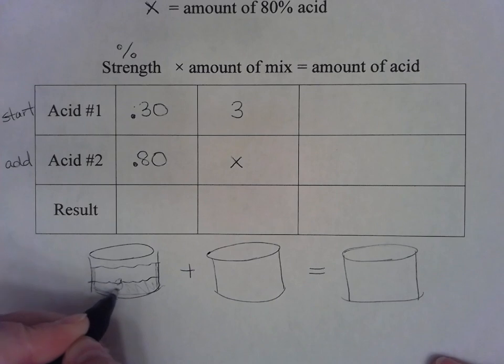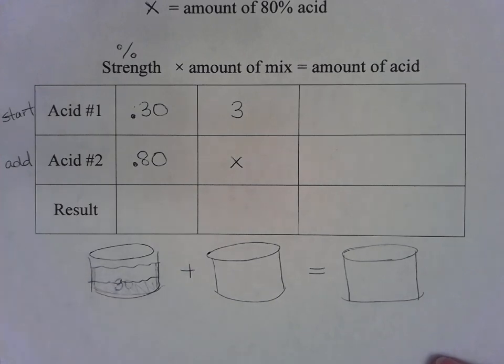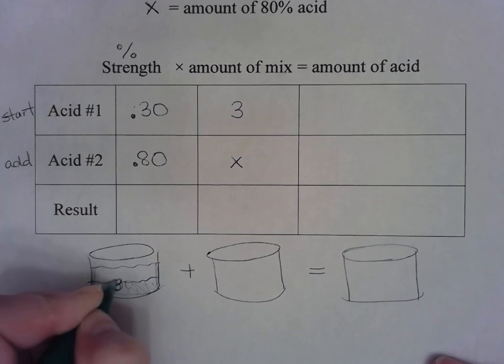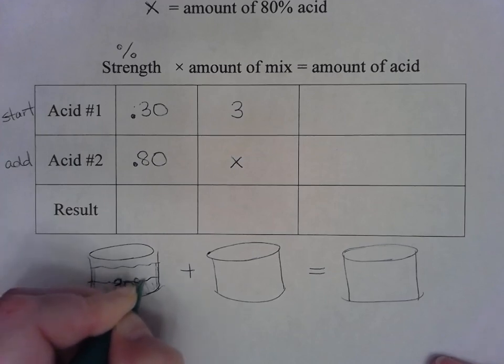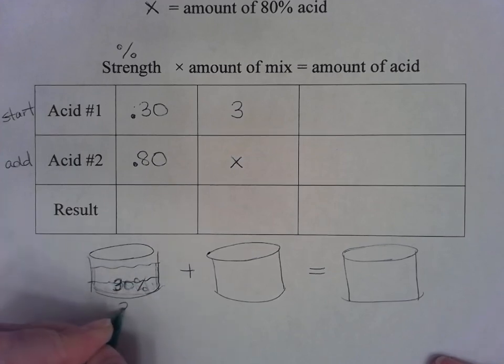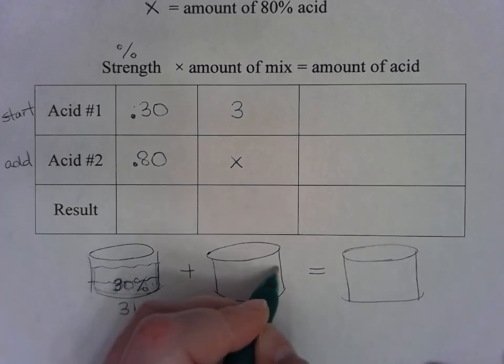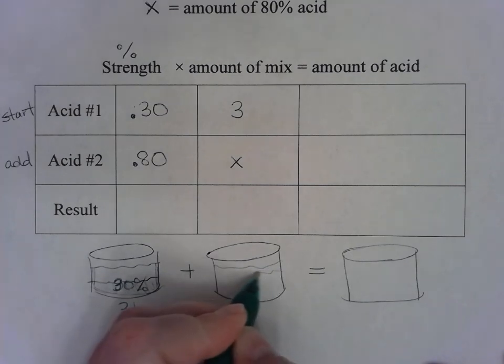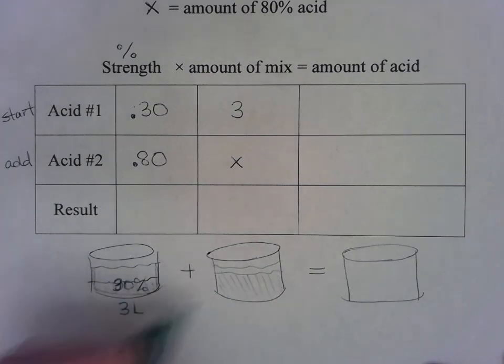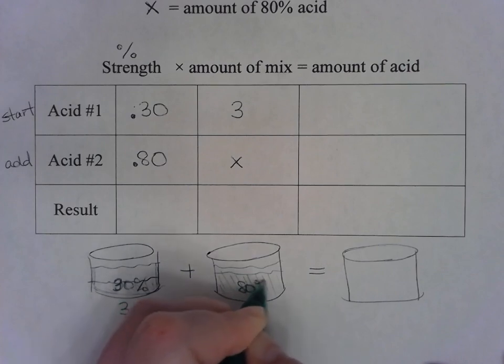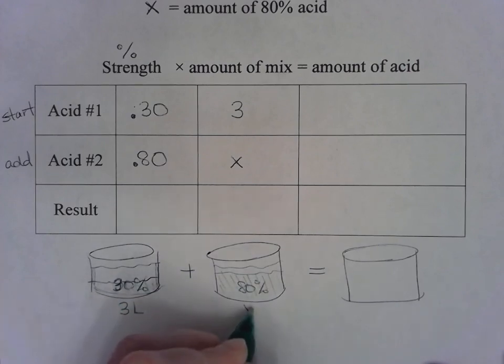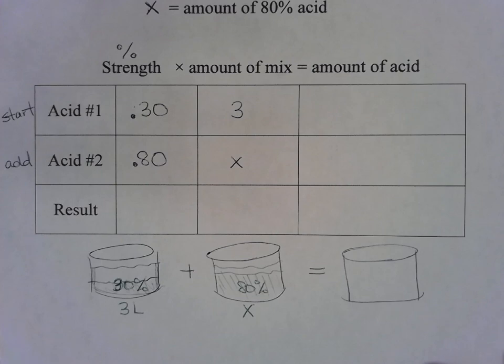30% of it is acid. And we have 3 liters. Okay, over here, 80% of it is acid, so a lot more acid to water sort of ratio. And we don't know how much, x liters.